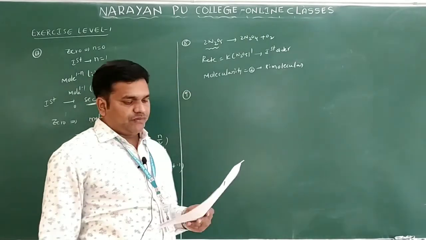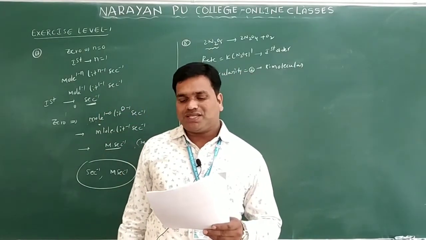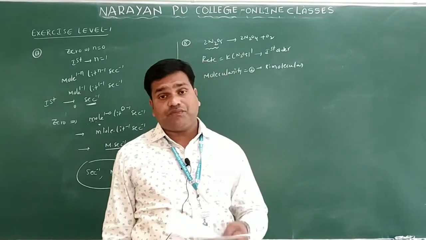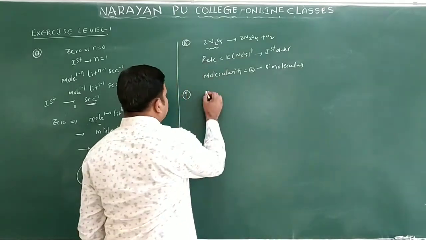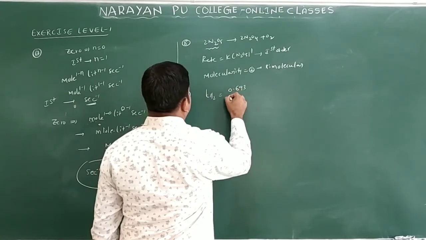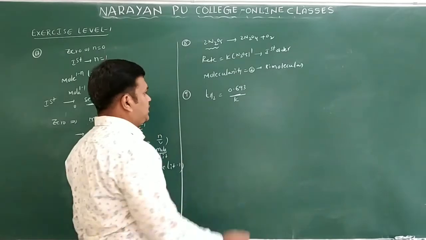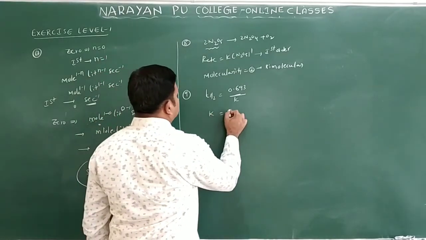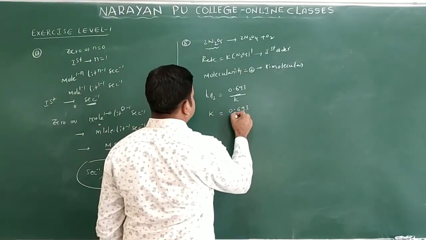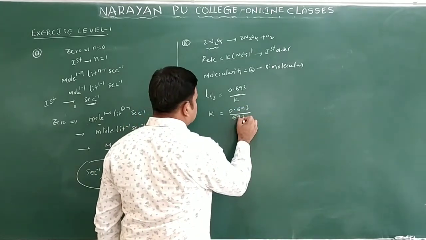The half-life period of the first order reaction is 693 seconds. What is the rate constant of this reaction? Half-life for the first order, what is the formula? T half is equal to 0.693 by K. They are asking for the rate constant of the reaction. So K is equal to 0.693 by T half. What is T half given? 693.